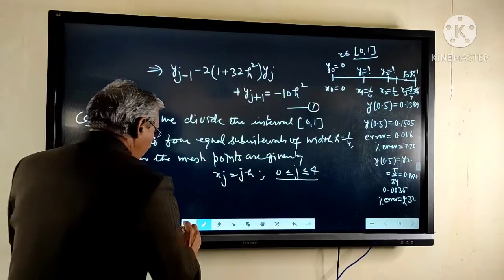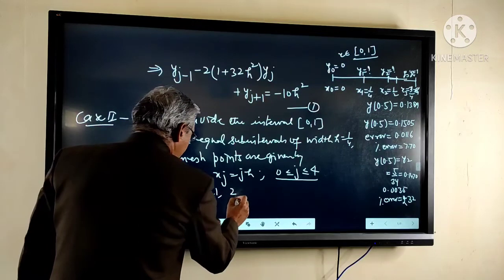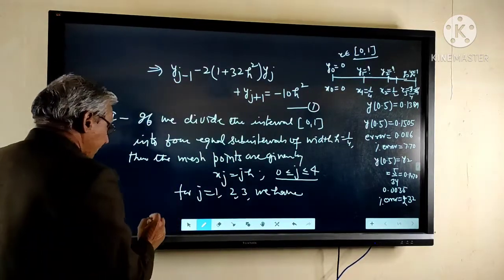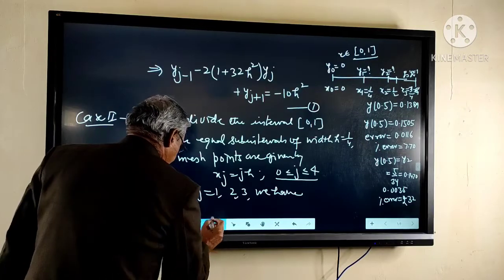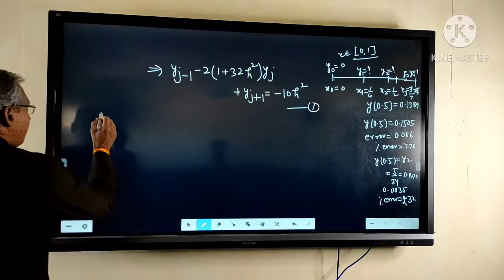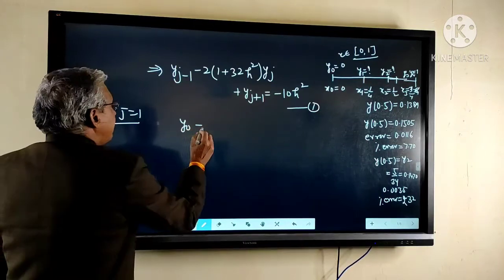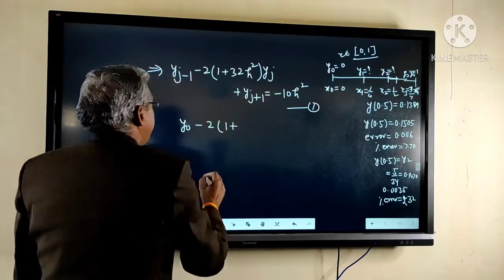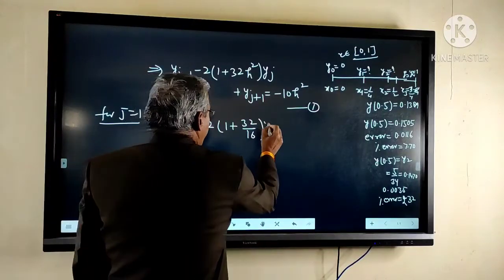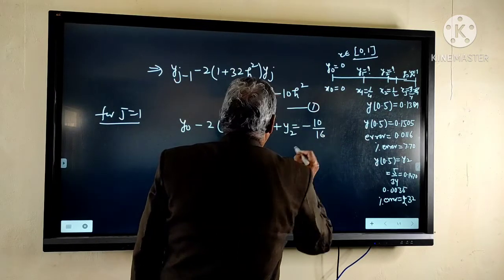So for j equals to 1, 2, 3, we have: for j equal to 1, y0 minus 2 into (1 plus 32 upon 16) y1 plus y2 equals to minus 10 upon 16, where h is 1 by 4.